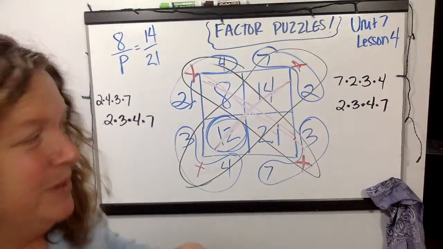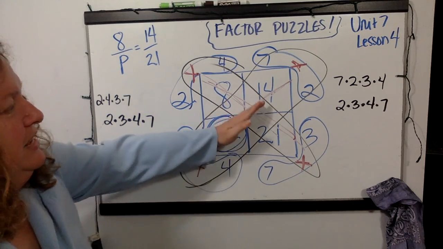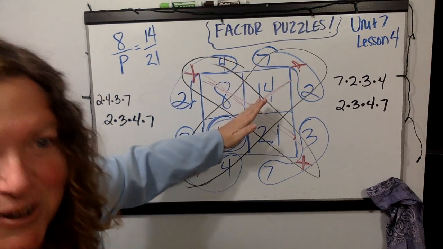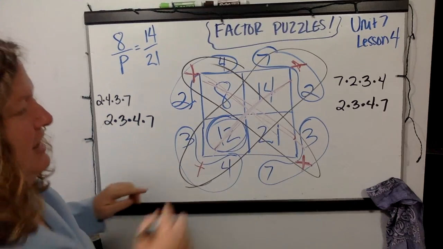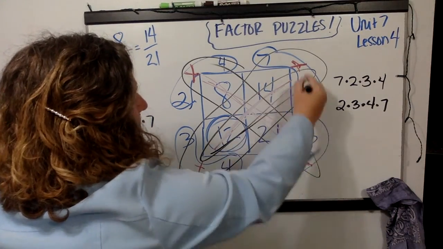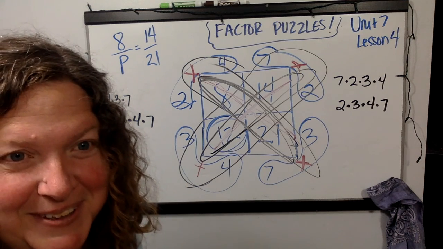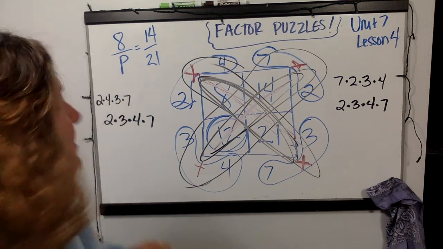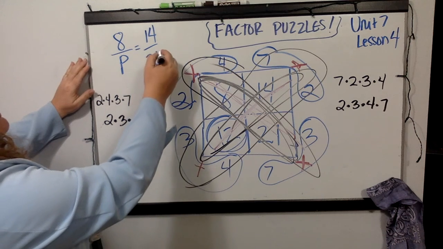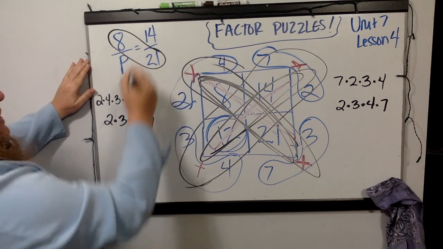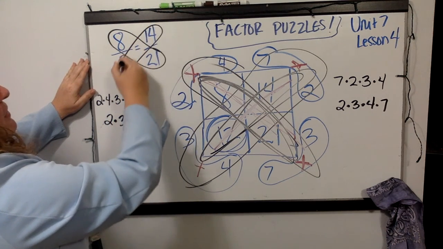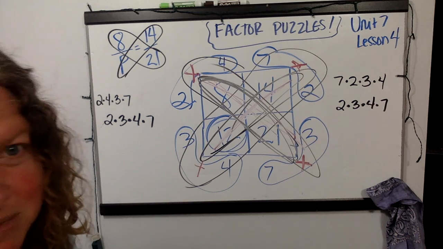They're exactly equal. The cool thing about these numbers in a factor puzzle, and also in a proportion, is that the crisscross numbers, when you multiply them together, give the same answer. So what that means for this is 8 times 21 equals 14 times p.